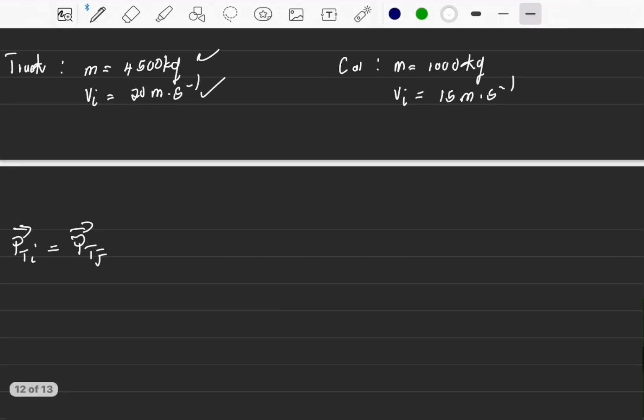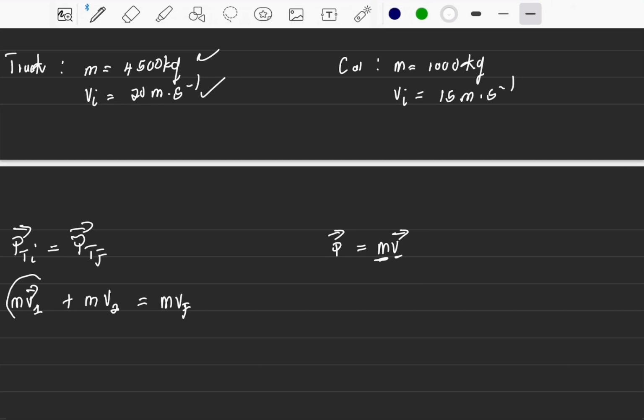So basically, I'm going to say mv1 plus mv2, which is equal to mvf. The formula for momentum is p equals mv, where m is the mass and v is the velocity.